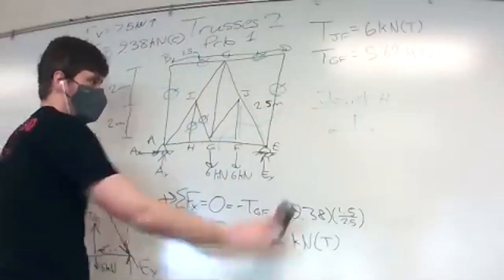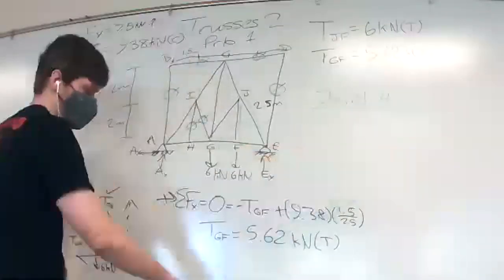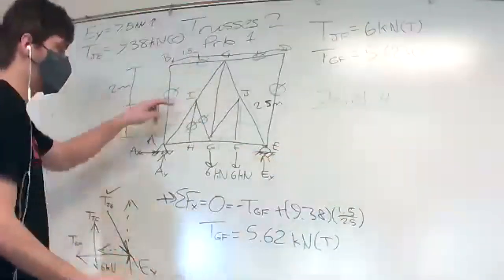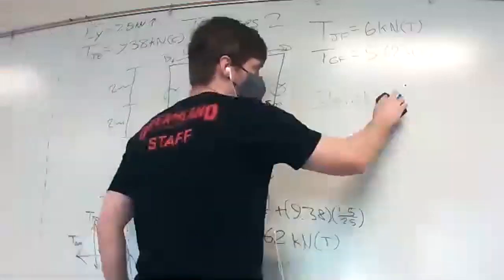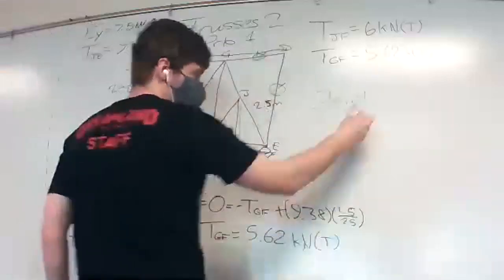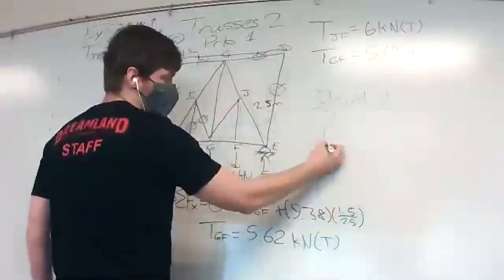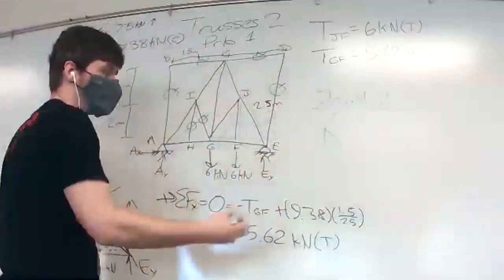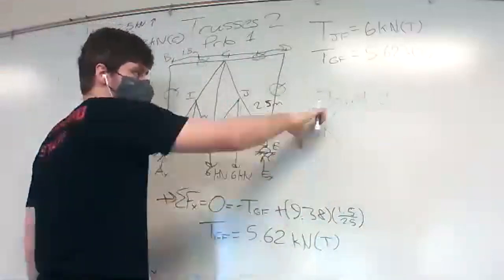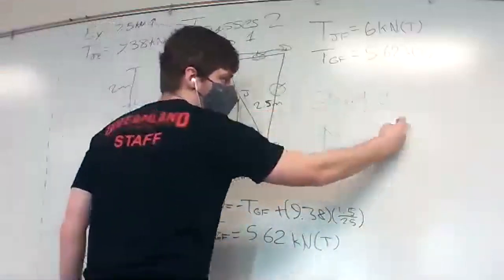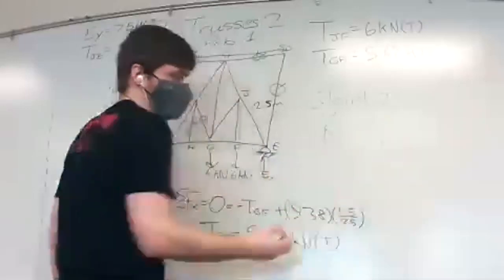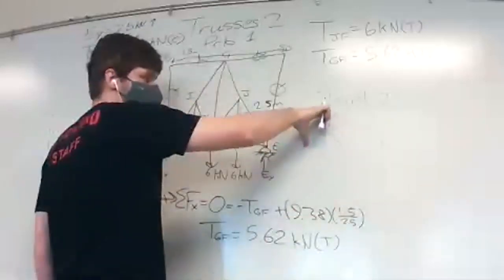And then the only tricky part for a zero force member is where you have joint I. So we have joint I, and it looks like this. What we can do is take this and turn it so it looks like this.